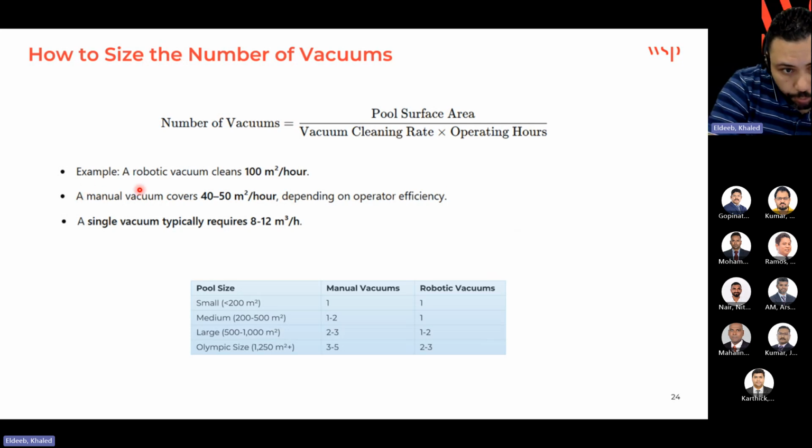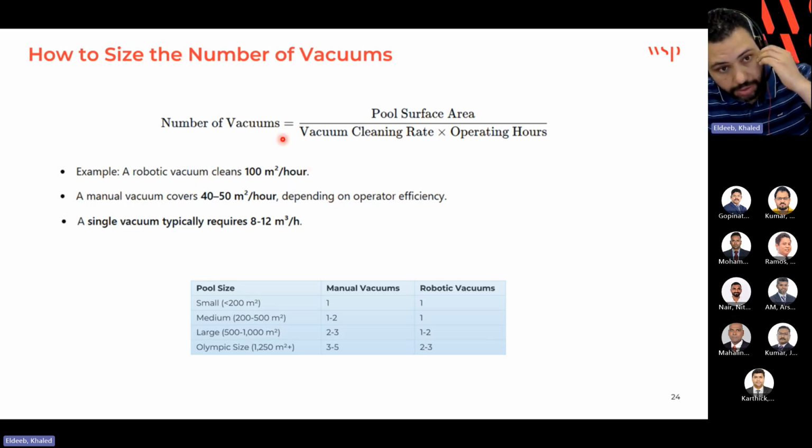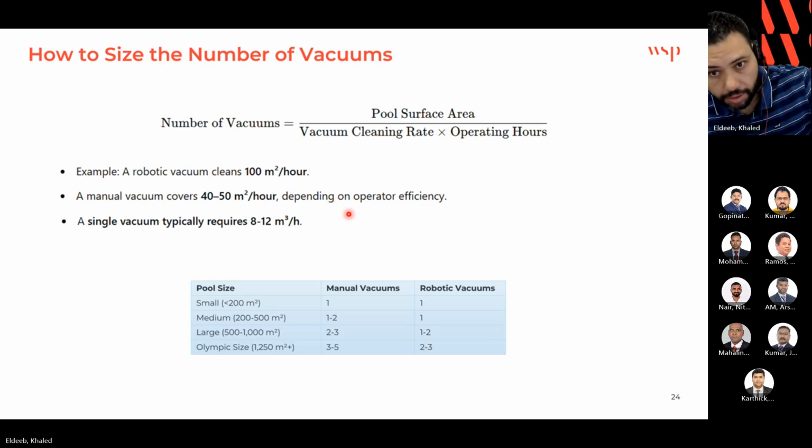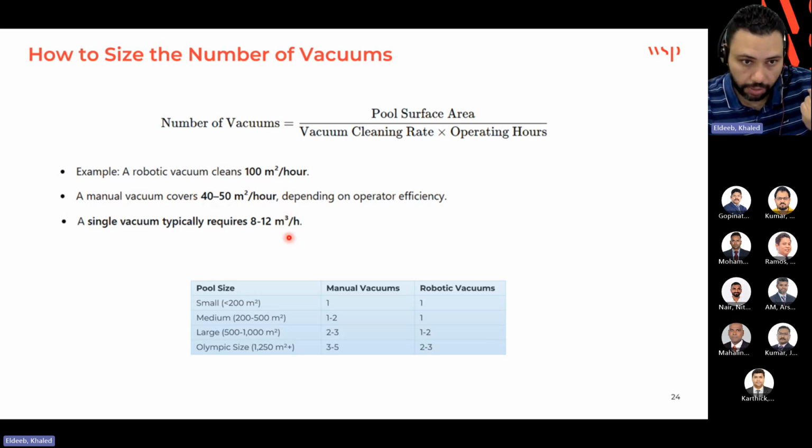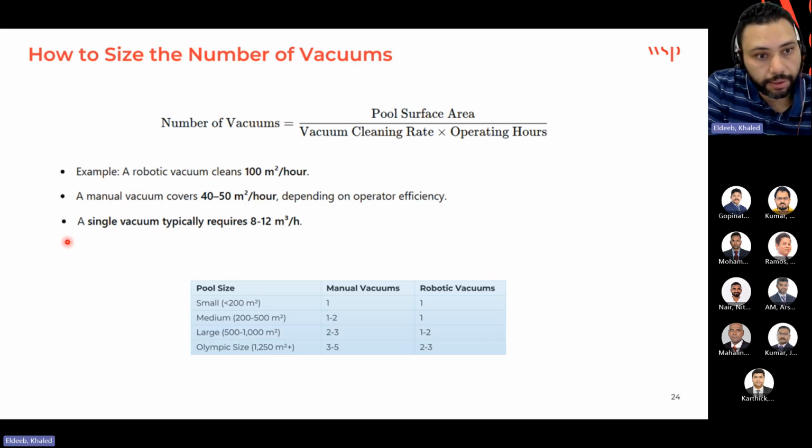For example, a robotic vacuum cleans 100 square meters per hour. This is the criteria we use to size the robotic vacuum. A manual vacuum covers 40 to 50 square meters per hour, with every single port covering within this range. A single vacuum typically takes a flow rate of 8 to 12 square meters per hour.